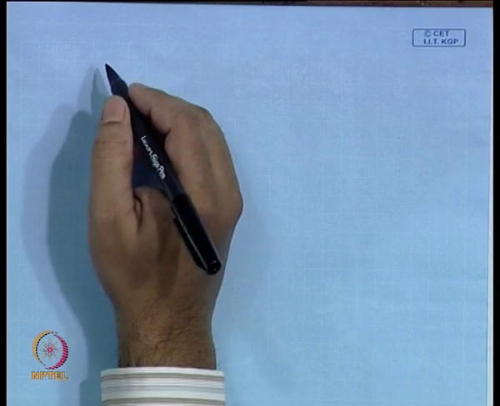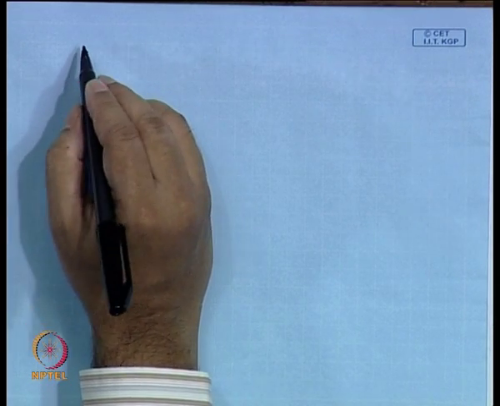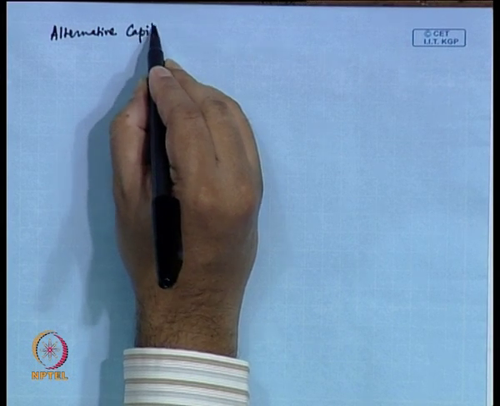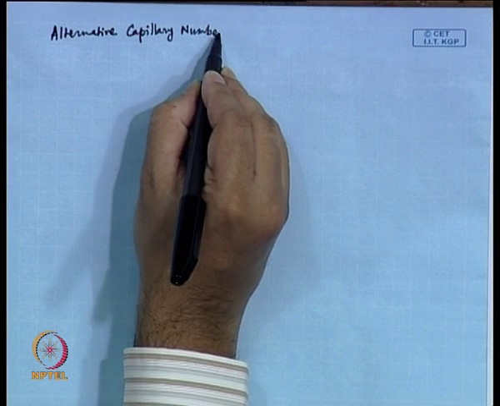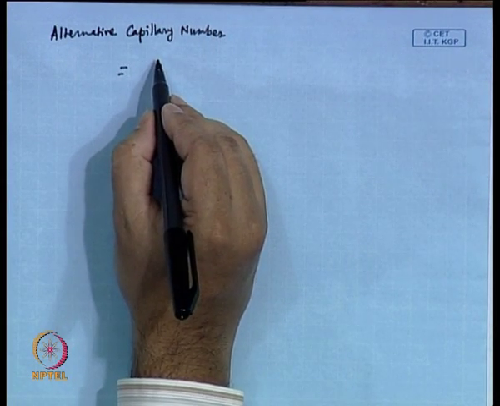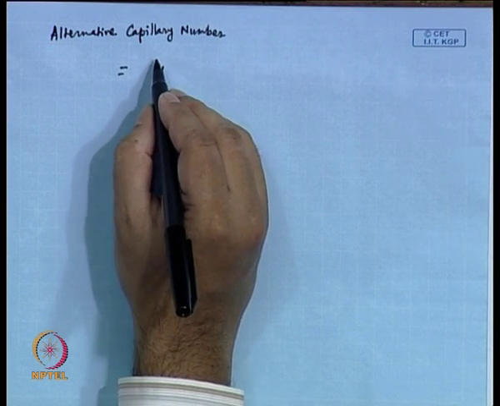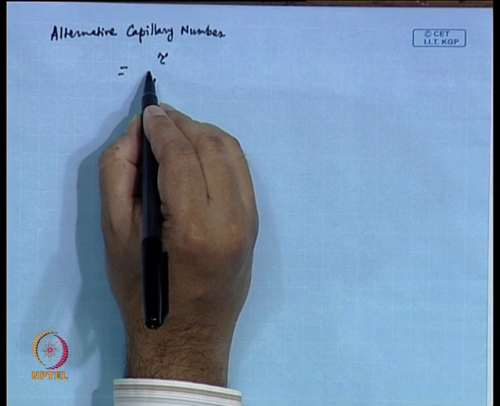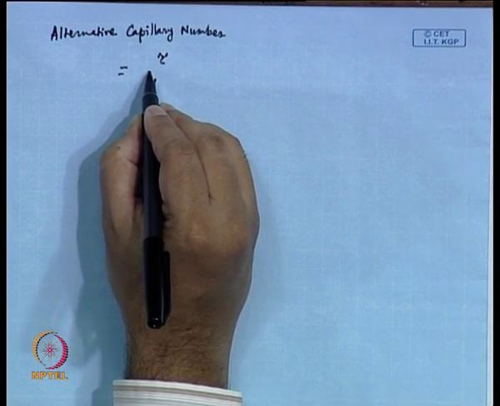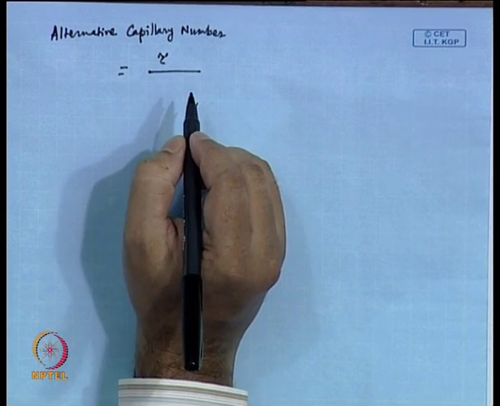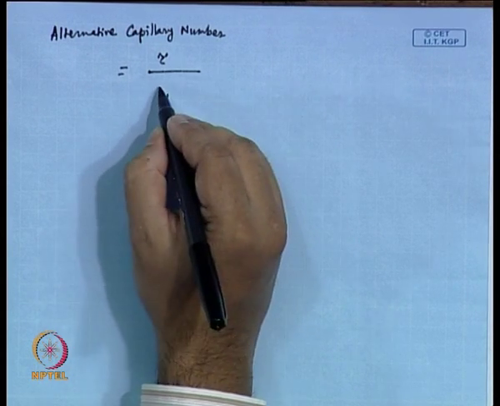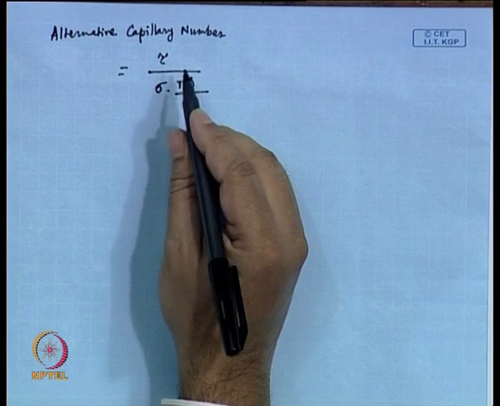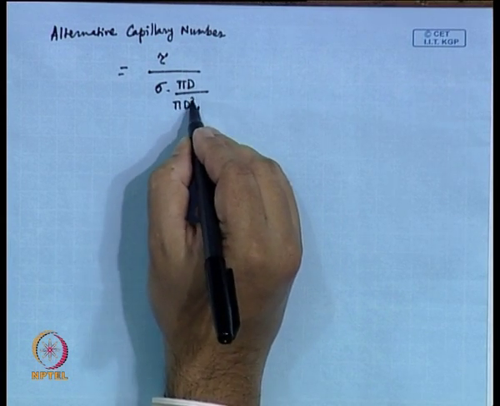The meaning of alternative definition would be that you are working with the alternative, let us write this as alternative capillary number, that is equal to, you continue with the shear stress term, the tau, and here you write this as sigma into pi d divided by pi d square by 4.